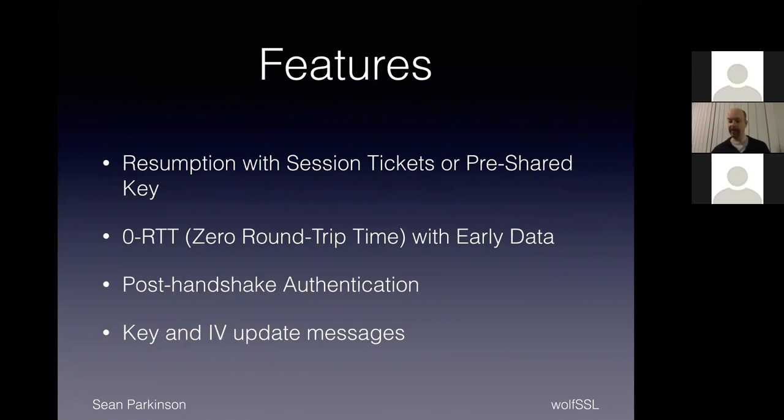There have been some vulnerabilities found in TLS, and they've revolved around the session resumption or renegotiation feature. So with TLS 1.3, they decided to scrap that and just go with what they know is secure, the session tickets. You can also use pre-shared keys to do a resumption style handshake, and it's just as quick.